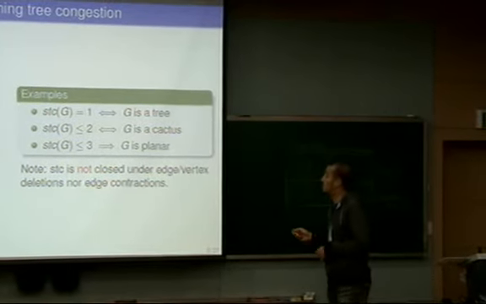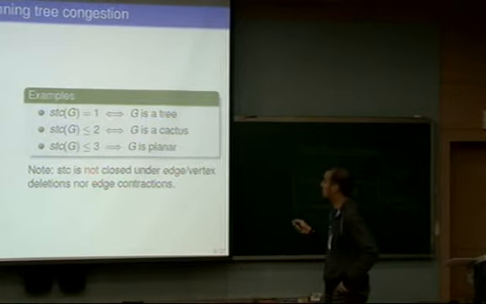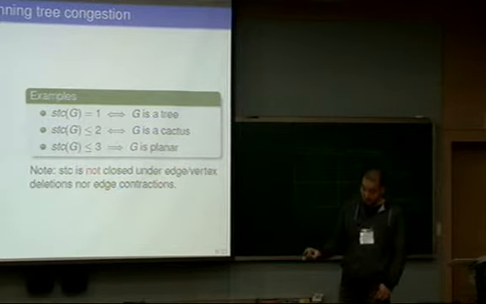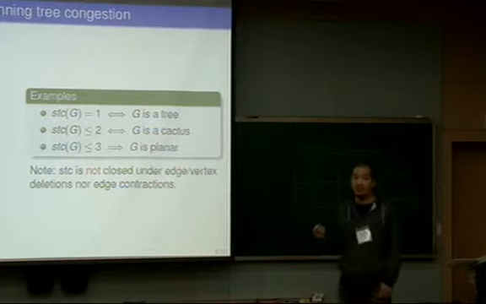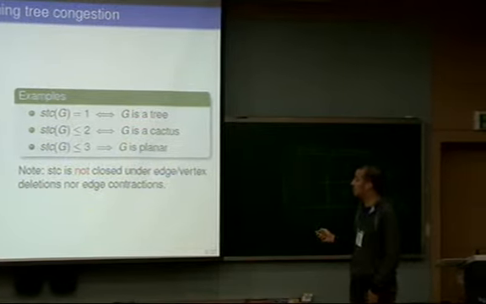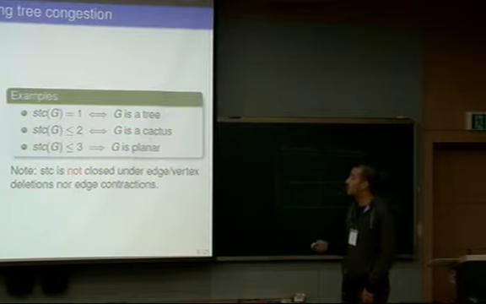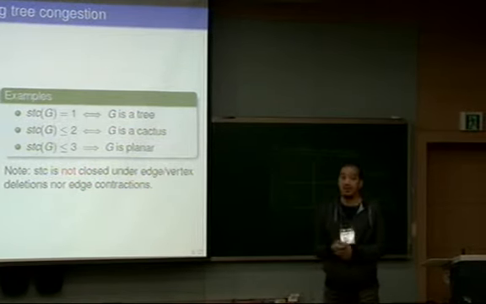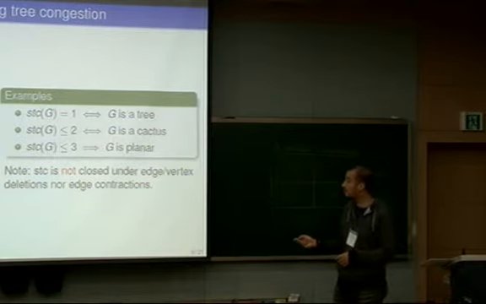Let me give you some examples. This one is trivial: a graph has spanning tree congestion 1 if and only if it is a tree. And this is not so trivial but easy to prove: a graph has spanning tree congestion at most 2 if and only if it is a cactus like this.